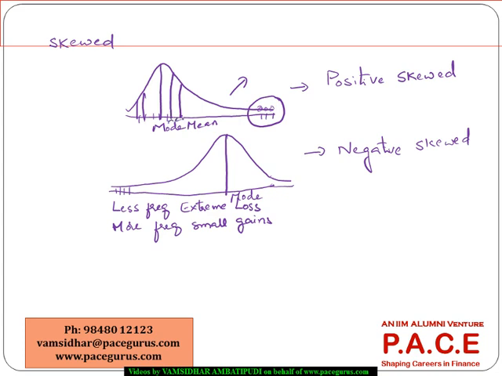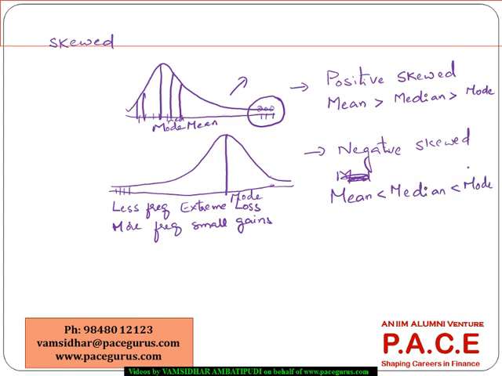So it can be said that if the data is positively skewed, I will observe that the mean is greater than the median, which is greater than the mode. But if it is negatively skewed, the mean is less than the median, which will be less than the mode.